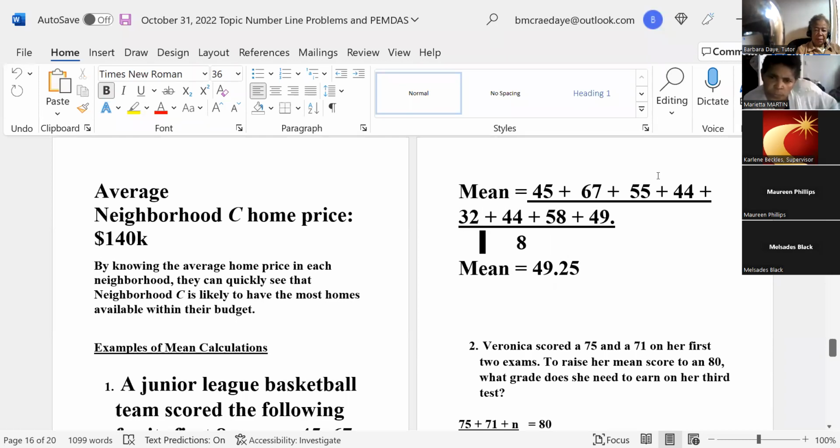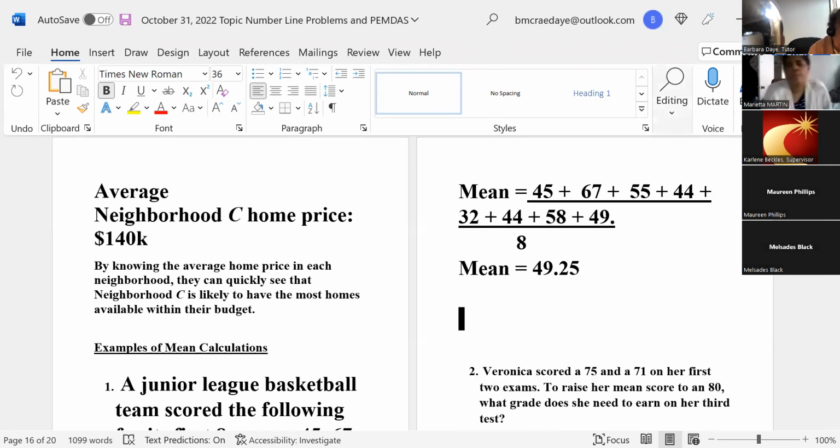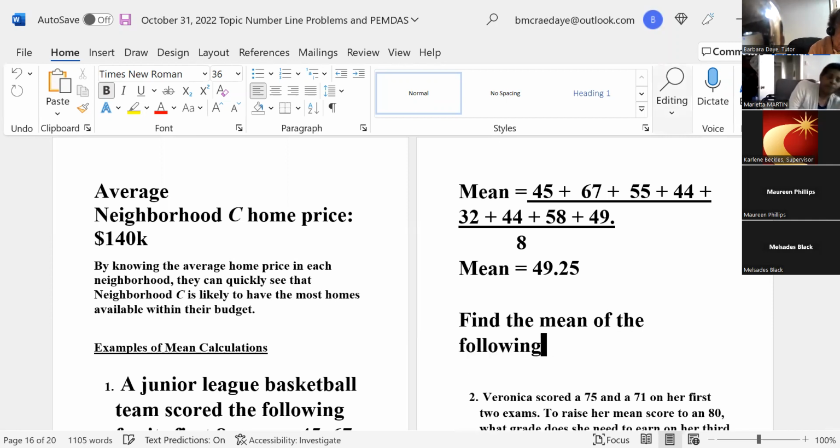You got it? Okay, before we get to another problem, let me give you some numbers. Find the mean of the following items.